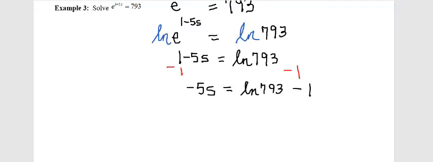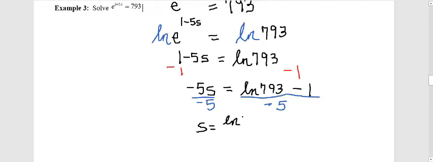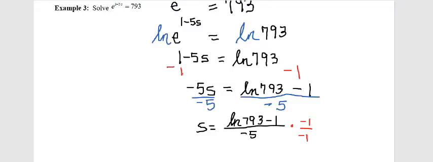1 minus 5s. Let's subtract 1 from both sides and then divide by negative 5, and we have s equals (natural log of 793 minus 1) divided by negative 5. And I just want to point out this is natural log, lowercase l, lowercase n. So let's multiply top and bottom by negative 1.